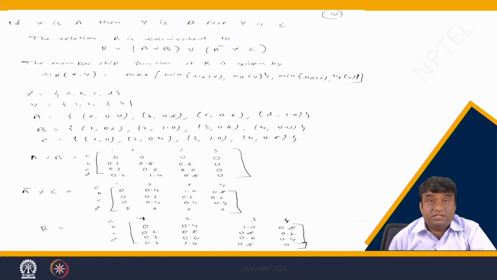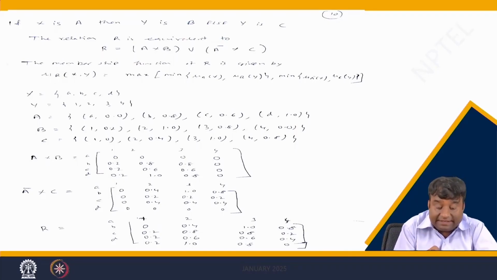So let's try to understand these things by an example. Example: if X is A, then Y is B, else Y is C. Just like that, if I have time, I will go shopping, else I will go home. This type of statement we face in our everyday life.